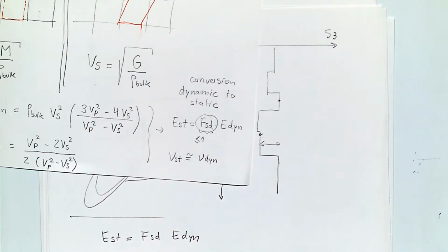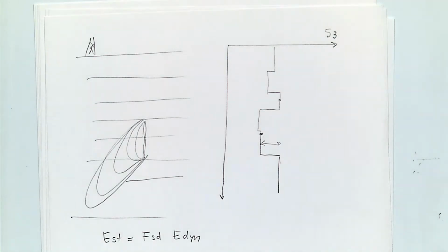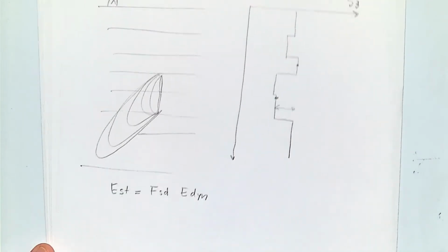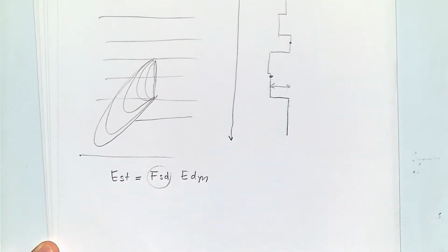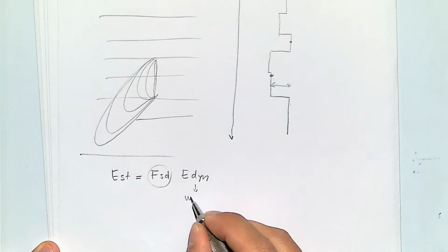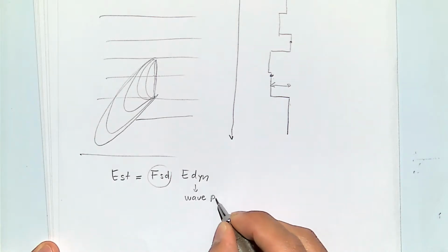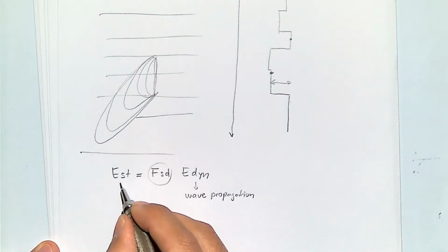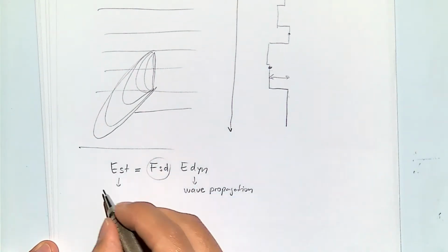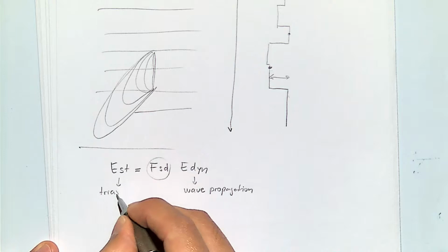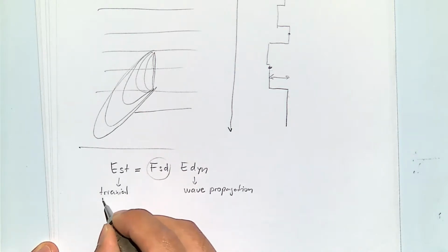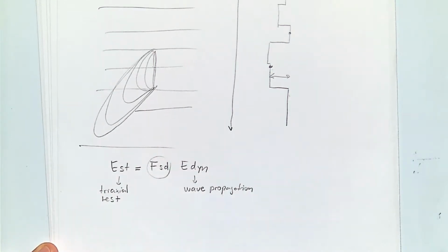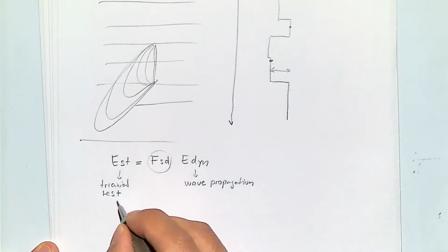This coefficient is going to take care of this conversion from dynamic to static. The dynamic is usually measured with wave propagation, and the static is usually measured in triaxial tests, and is also the one that applies to the field.